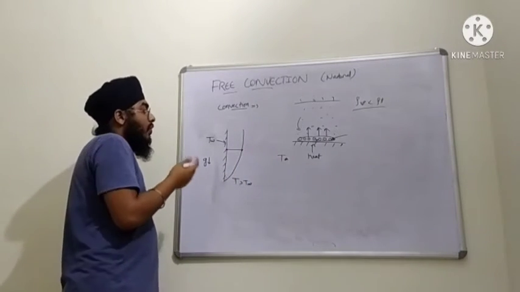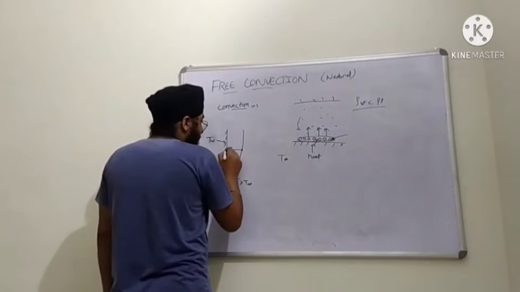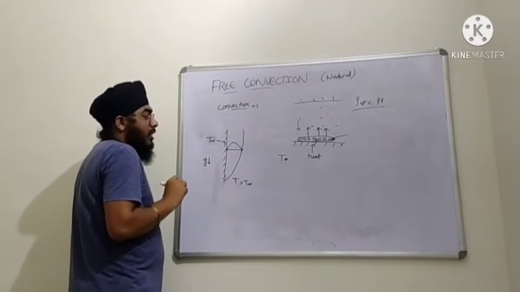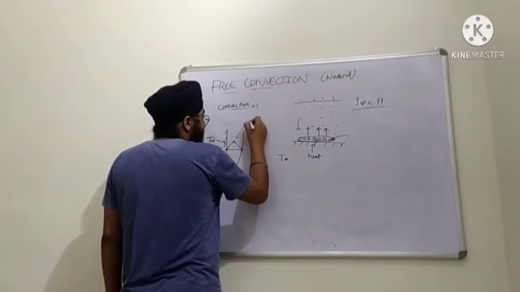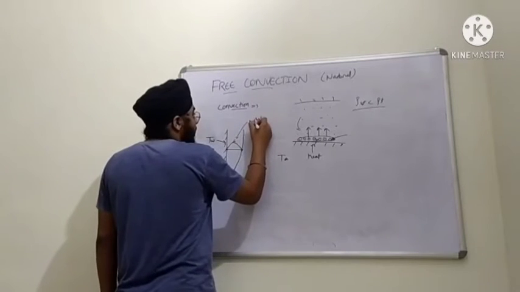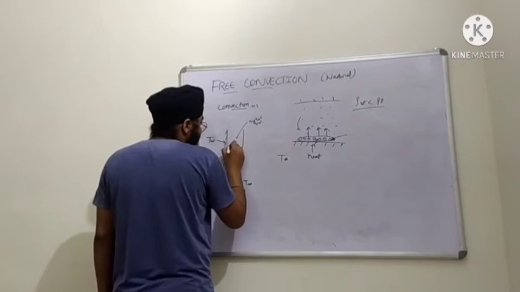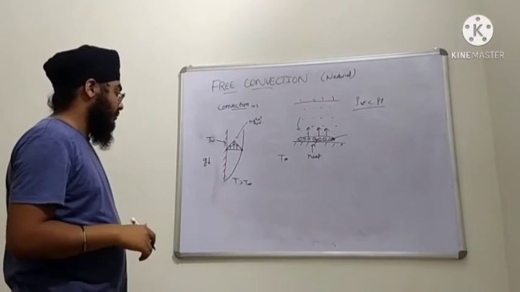So what will the velocity profile look like? It will be something like this. The highest velocity will be achieved at a point C, which will be between these two. So this will be the velocity profile due to a simple plate.